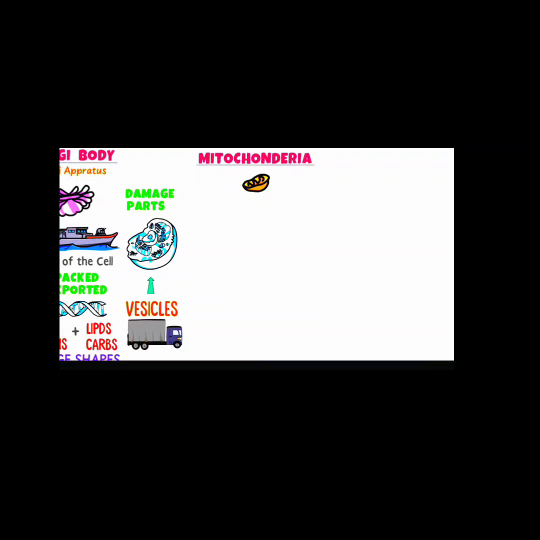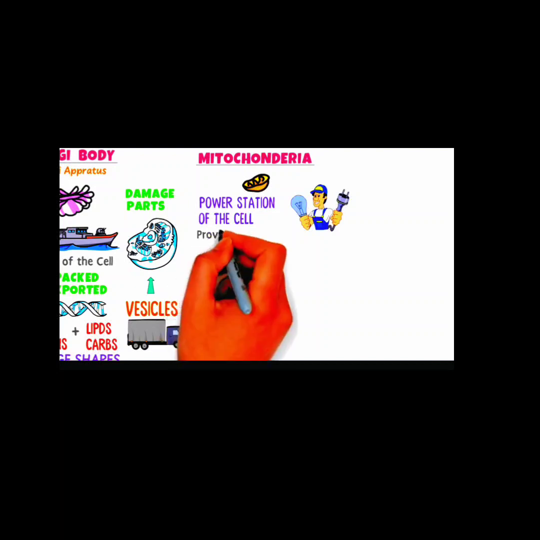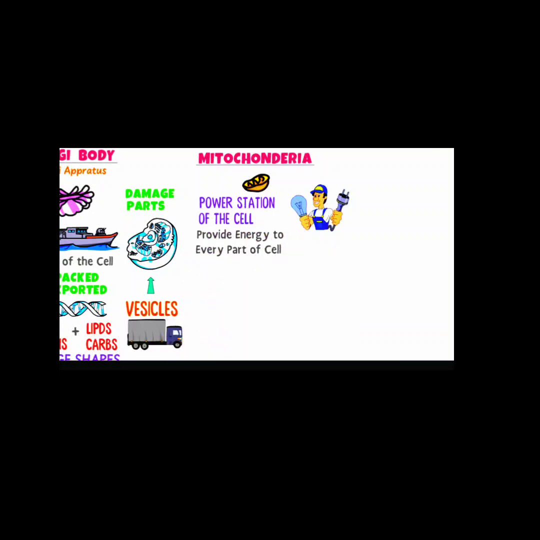Now, what is mitochondria? The mitochondria is the organelle which is also known as the powerhouse or power station of the cell. For example, in daily life, a power station provides electricity. Similarly, mitochondria provide energy to every part of the cell. Mitochondria also contain their own DNA, which is different from the DNA of the nucleus.